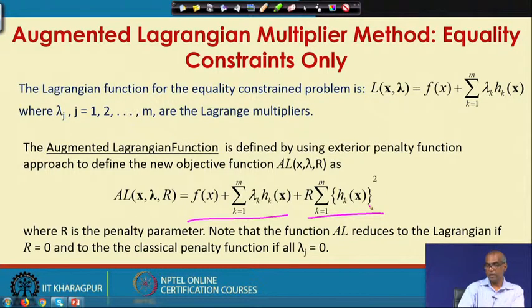We have added the penalty term for the equality constraints. We have used the parabolic penalty term that we discussed in the previous class, and this is an exterior penalty function.